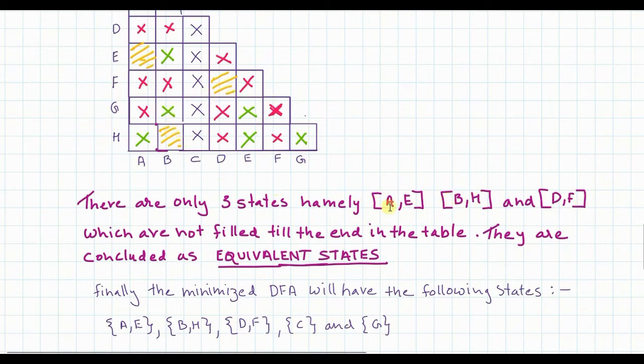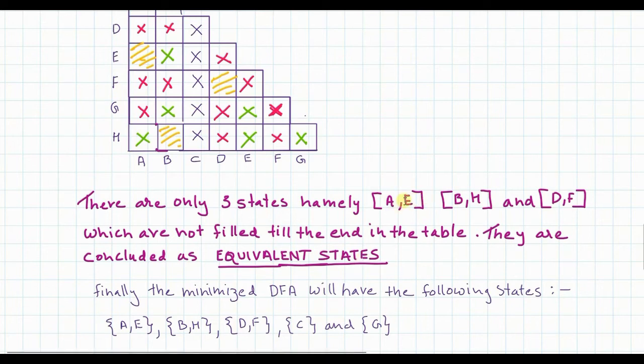It simply means that the states A and E in the DFA, B and H, and D and F are equivalent states. Now let us go to the definition of equivalent state. You know what's the meaning of equivalent state? It simply means that, for example, here we have just found out that A comma E is equivalent.